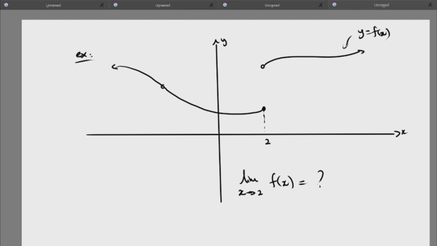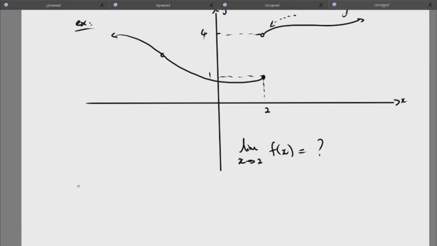Now, the one-sided limits really just give me the mathematical words to explain why this doesn't exist. But in plain English, if I walk from the right, let's suppose this is a y value of, let's say, 4, and this is a y value of 1, I can say, well, the limit, if I'm walking from the right, then x approaches 2 from the right of the function is 4.